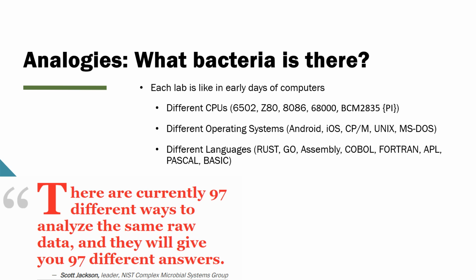But if we look over at the microbiome, we get a digital file from an analysis which looks at the RNA in the sample. So we have taken the organic substance and converted it to a digital file. Well, we take that digital file and we process it through different microbiome analysis systems, and you will get 97 different answers as to what is there.